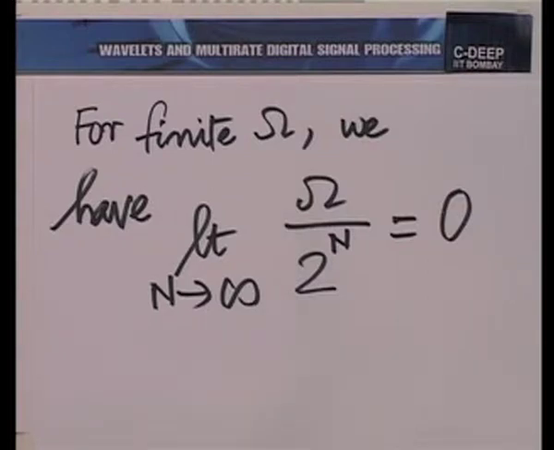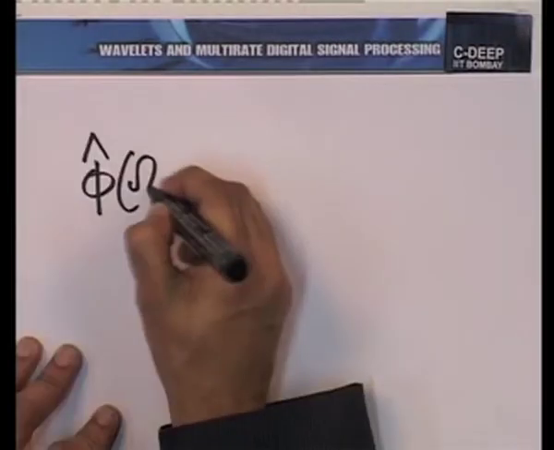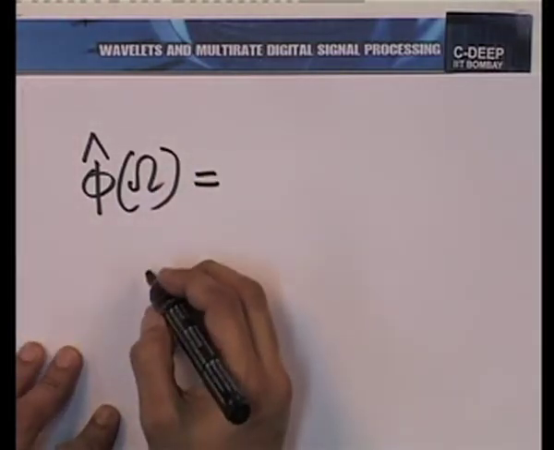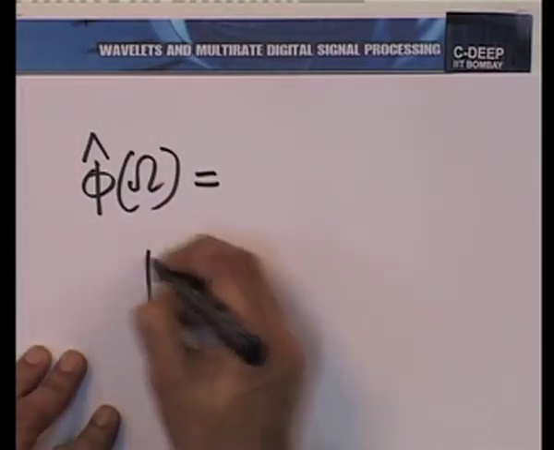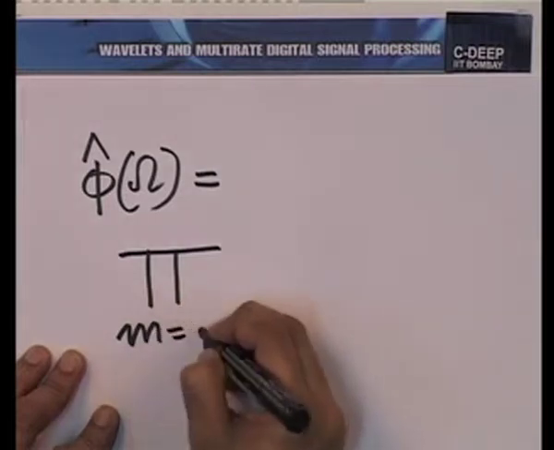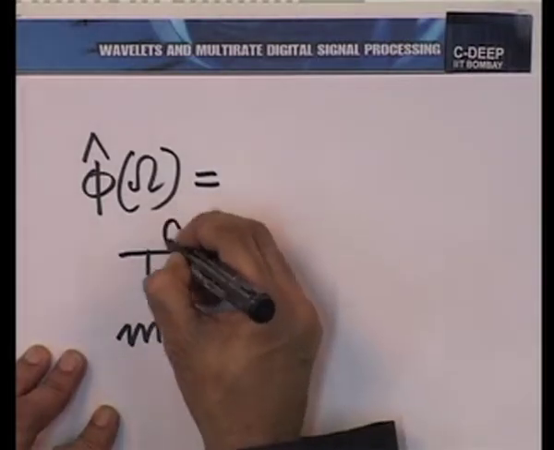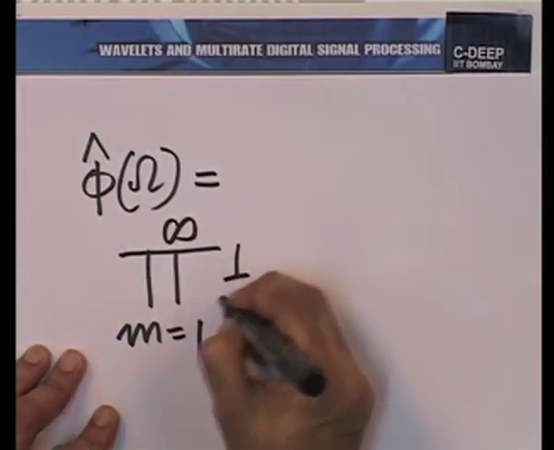So, what do we have here? Let me write that down mathematically. Phi cap omega, therefore, is essentially a product m going from 1 to infinity, positive infinity.